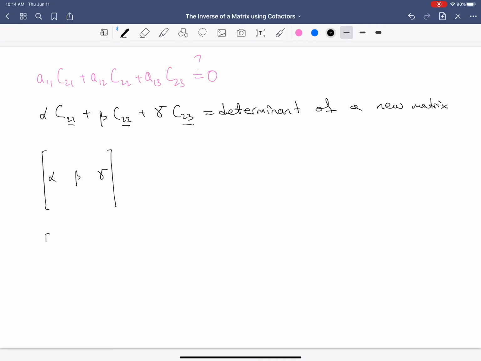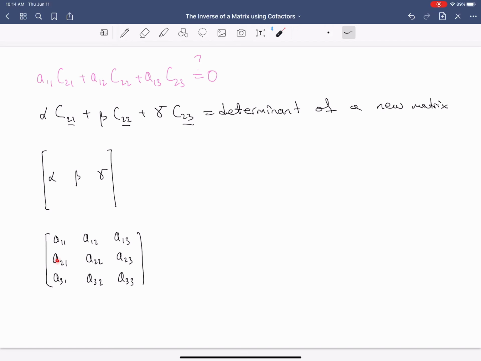To remind you, let me write the matrix A again. So we have A11, A12, A13, A21, A22, A23, A31, A32, A33. So now the cofactor, say C21. We get that by computing, so there will be a minus sign, but that's less important. The question is, what is the minor that it corresponds to?